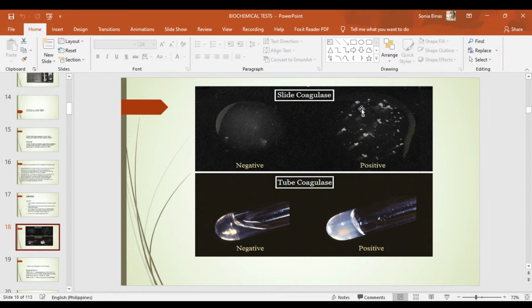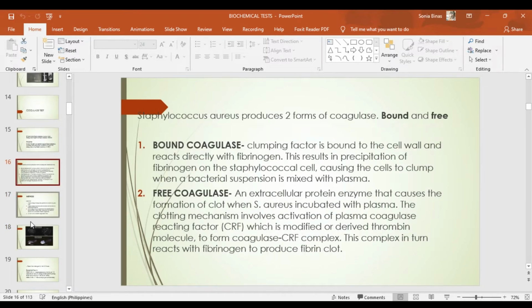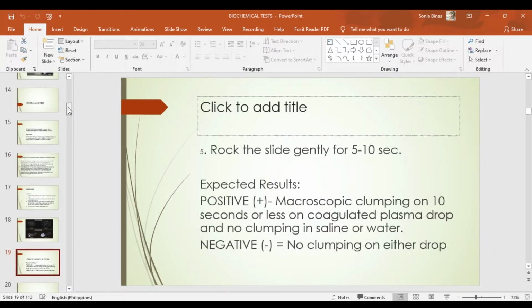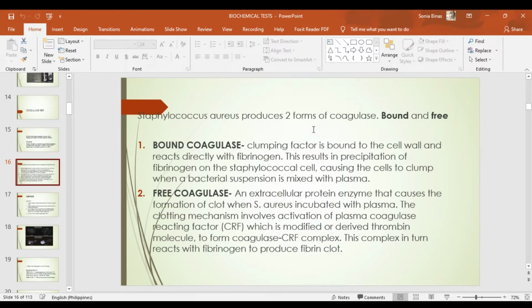While sa left side is our coagulase negative organism. So, again, for the coagulase test, why is it that Staphylococcus aureus is the positive organism? Because, again, Staph aureus produces two forms of coagulase.